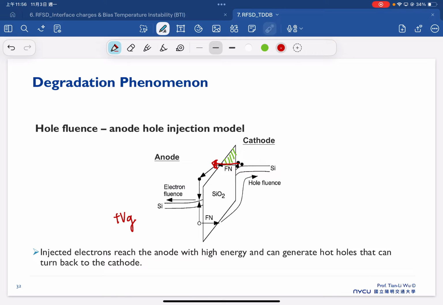But once tunneled to here, the electrons start to gain energy, and part of the electrons will become hot. Because this injected electron reaches the anode with a very high energy, this high energy can generate hot holes. So therefore, we will have holes generated here.